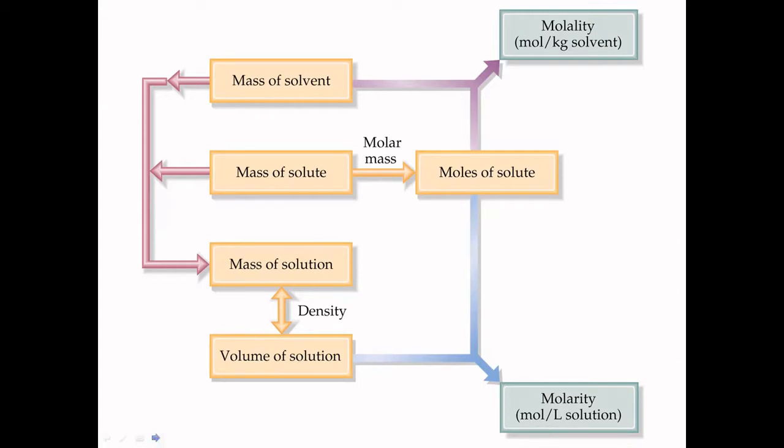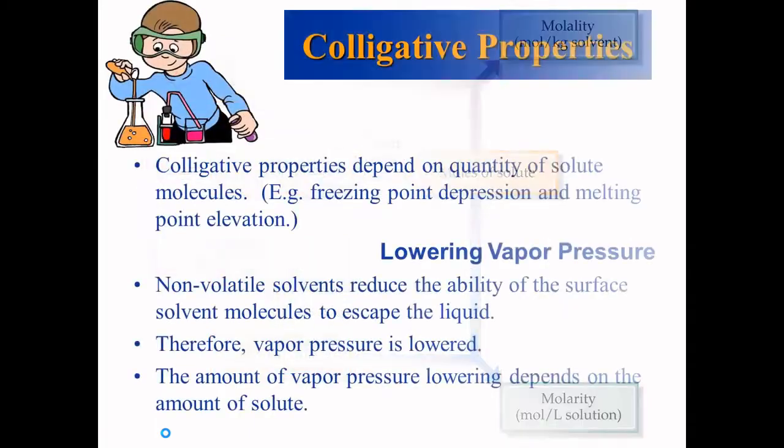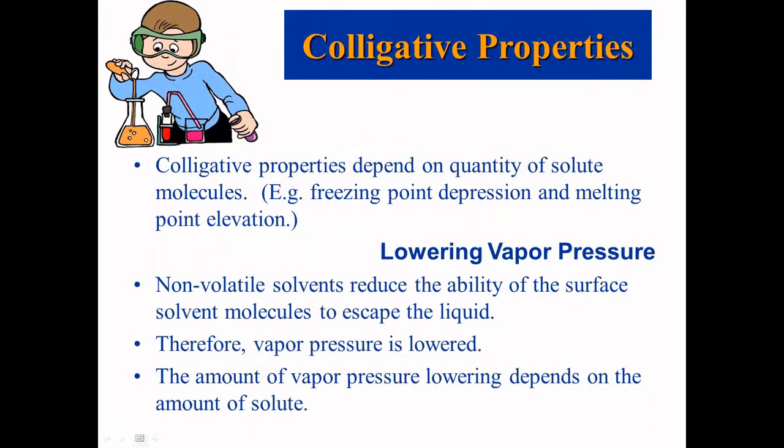These are the things we ended with, I think, last meeting, the different ways of expressing solution concentration. Okay, now for today, as mentioned, we will discuss the colligative properties of solutions. When we speak of colligative properties, they depend on the quantity of solute molecules present in our solution.